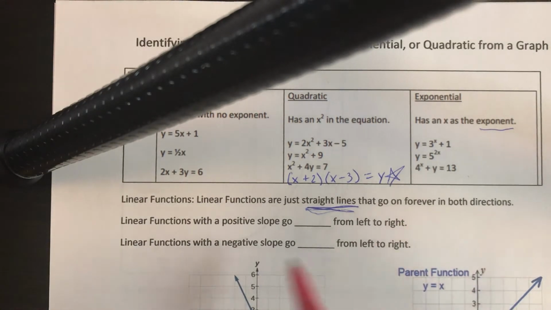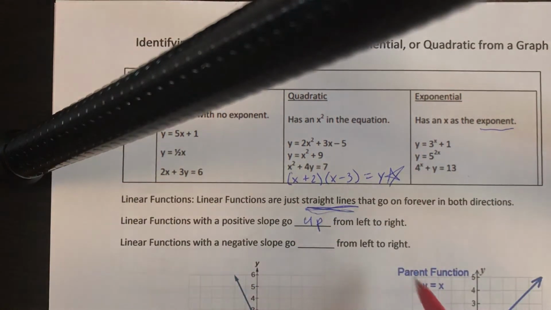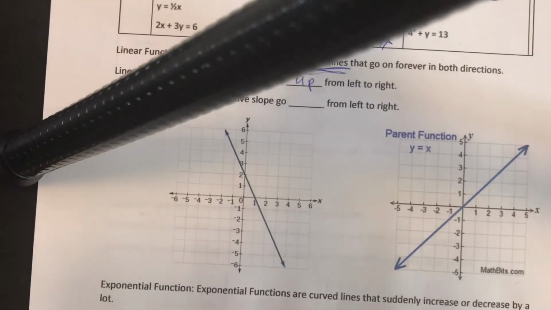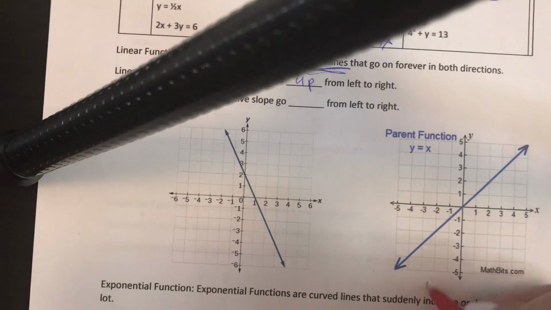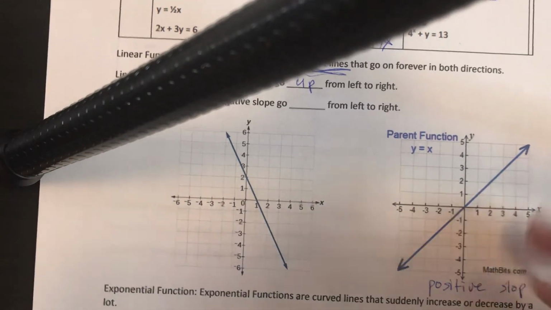So if a linear function has a positive slope, it's going to go up if I'm reading the graph from left to right. Here's an example of that. This one has a positive slope. From left to right, it's going up, like traveling up the hill.